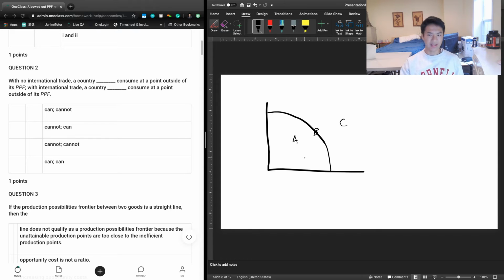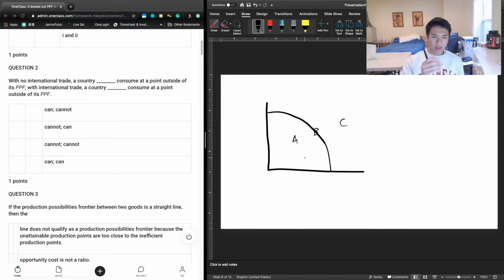Like the name suggests, it is outside the possibilities of production. It's inaccessible. A, on the other hand, is the other region in which it's entirely possible to produce those bundles of goods X and Y, but it's actually inefficient because you're not utilizing all of your resources. You could actually produce more if you have a consumption bundle in area A.